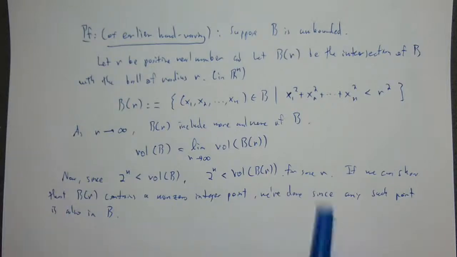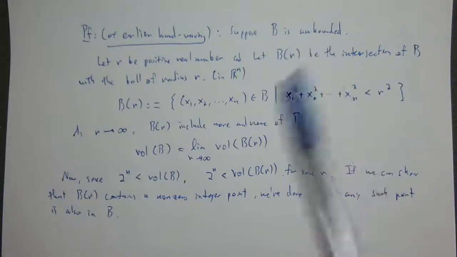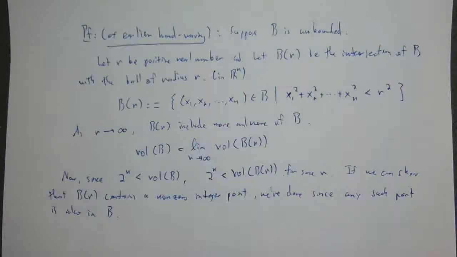So what was the purpose of doing this? This is a trick that you might have seen in an analysis course, where you're dealing with some general thing you want to show about sets, and you consider a set that might be unbounded, might be huge. The idea is that regardless, when you are discussing properties that this set must have, you could consider intersecting that set with bounded sets.